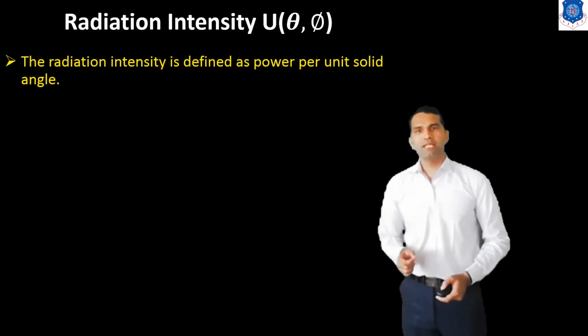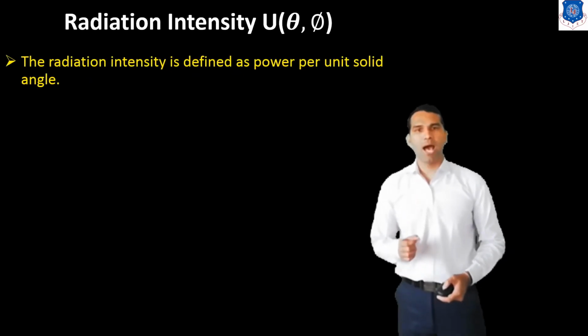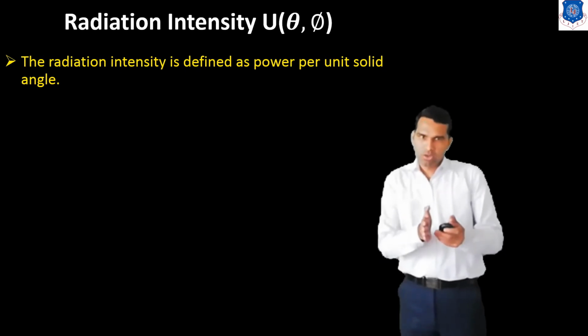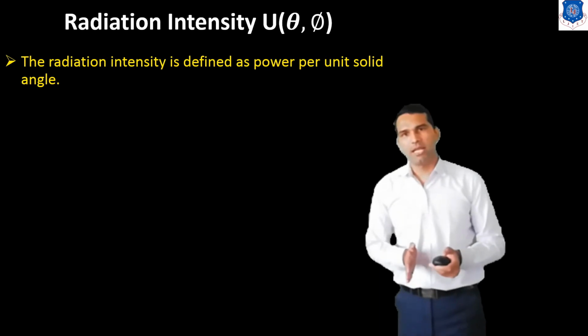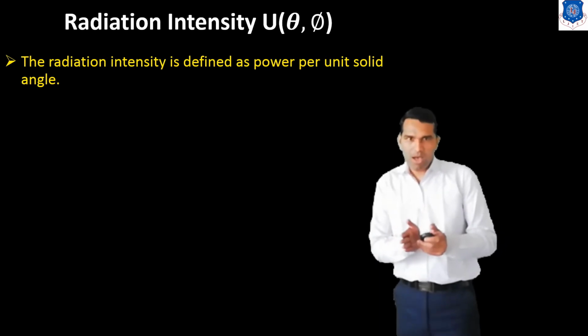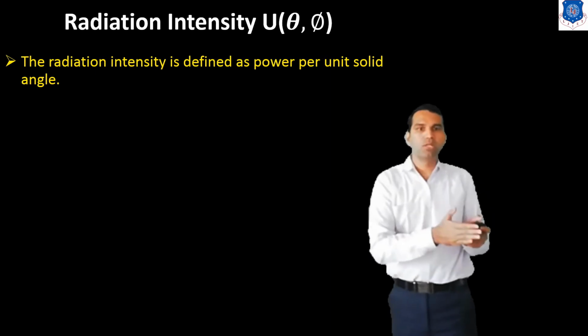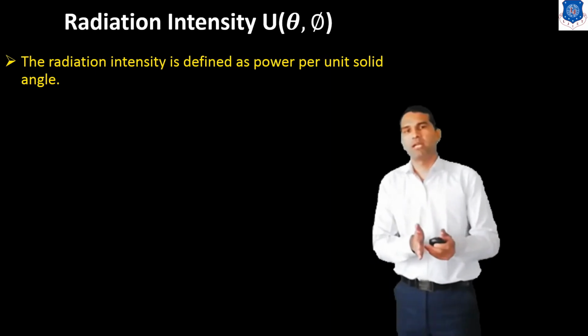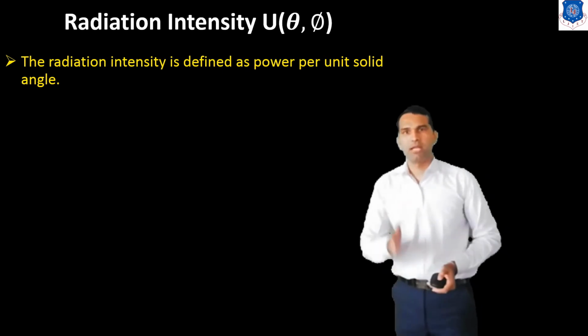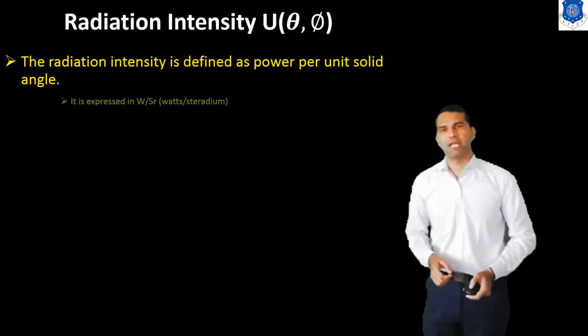The radiation intensity is defined as power per unit solid angle. So the definition of the radiation intensity is related to power. That power is radiated per unit solid angle. That means the power radiated in, say, the 60 degree or 90 degree direction is defined as the radiation intensity.